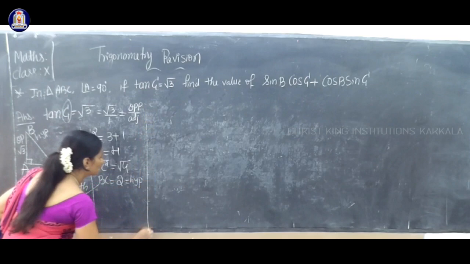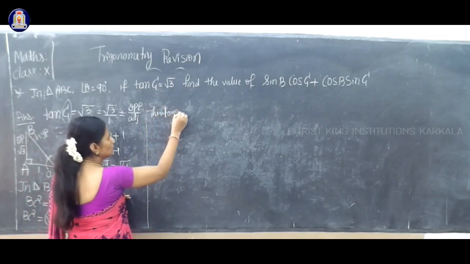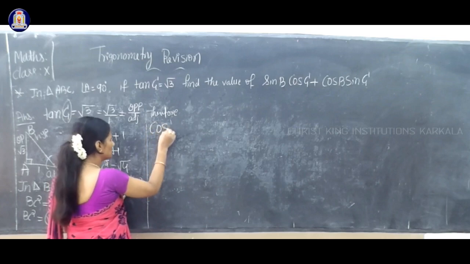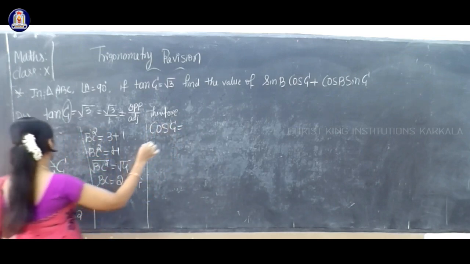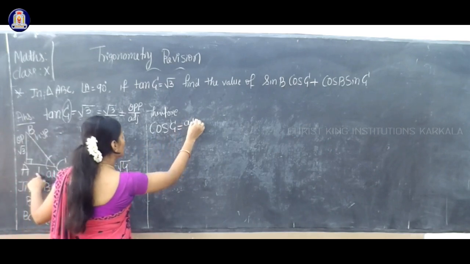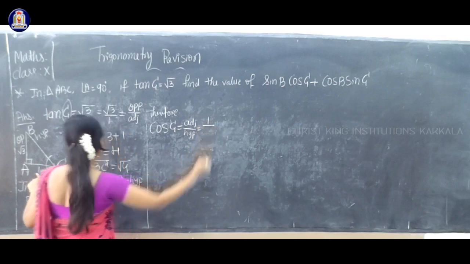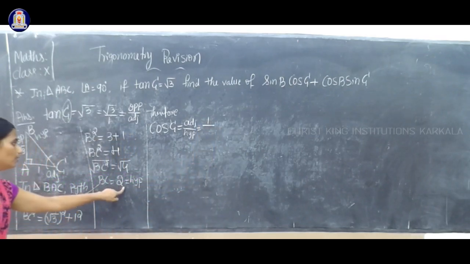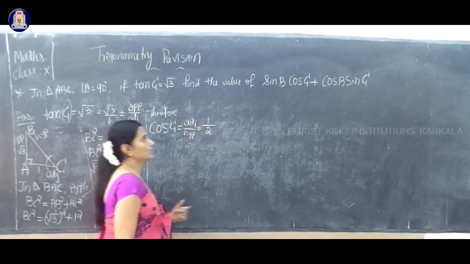So what is the value of cos C? Cos C is adjacent side divided by hypotenuse side. Adjacent side is 1, divided by hypotenuse side, which is 2.